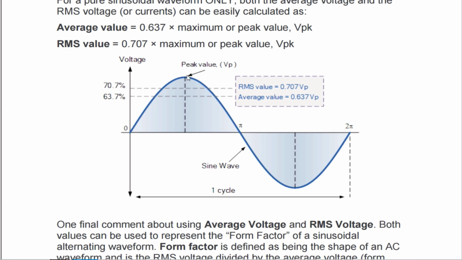So compared to peak value, the 70.7% stands below that, and 63.7 stands below this RMS value. So these are the levels of average value, RMS value and the peak value. So you can take a comparative look of all these three values together in this graph.